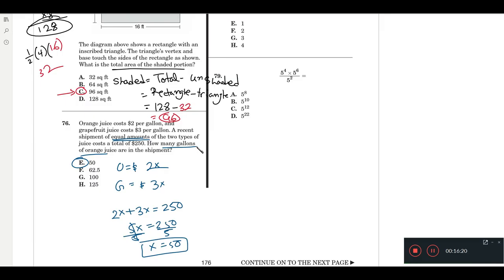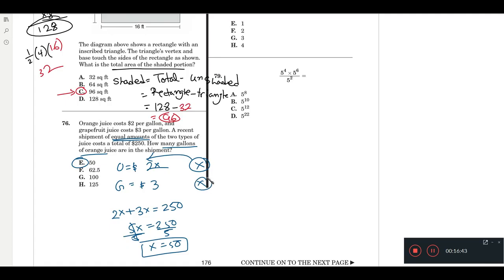Look, let me explain this. What X represents here, you have to understand. X is gallons. They got an equal amount of shipment, which means equal amount of gallons. But we don't know how many gallons of orange and how many gallons of grapefruit juice. So we assume X gallons of orange and X gallons of grapefruit. Now X gallons of orange will cost how much? 2X.